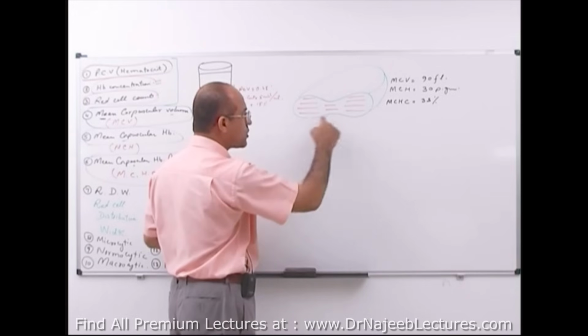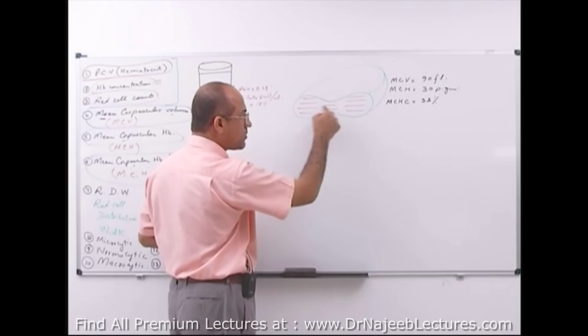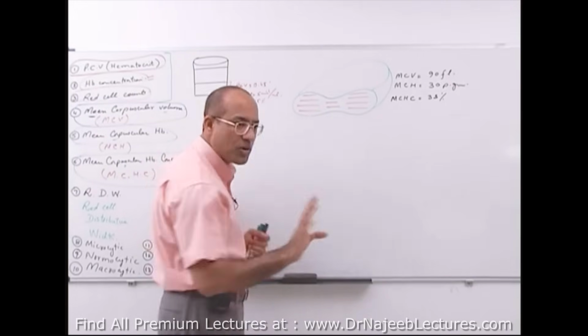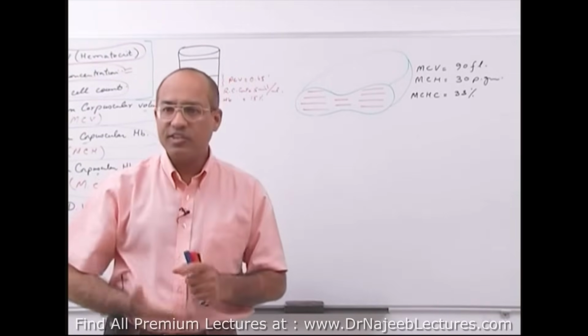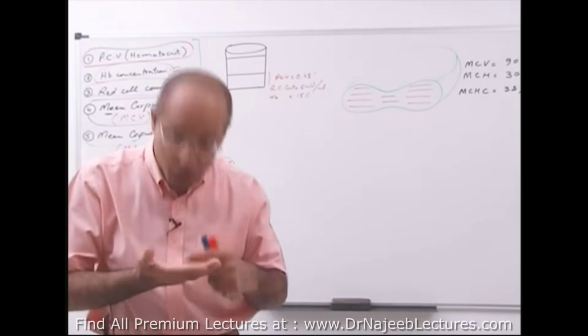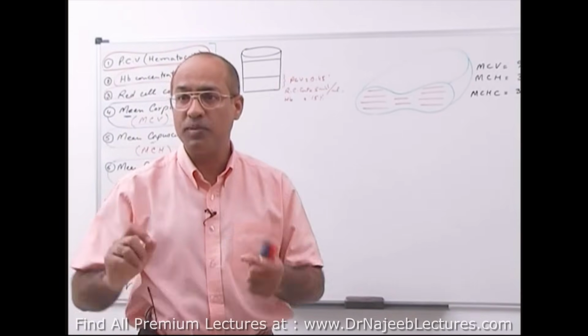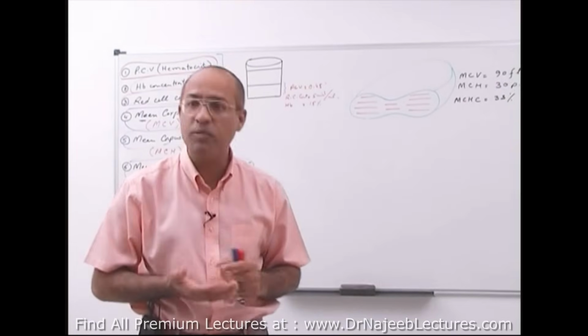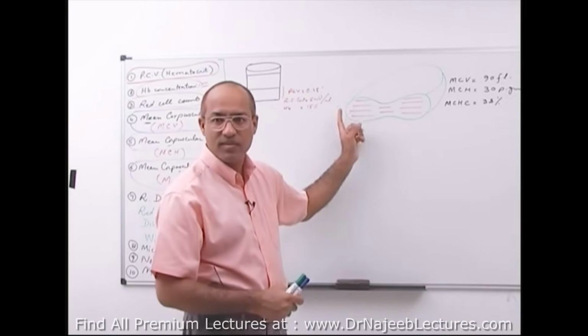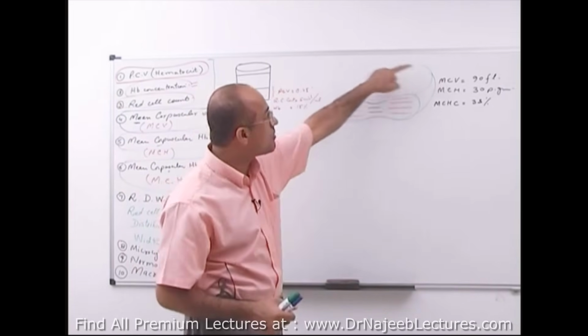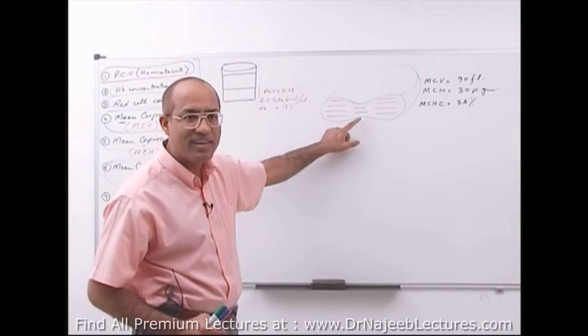Now, when such a red blood cell is seen under the microscope, if you make a blood film and look at it, do you think it is evenly full? No, it is more full on the periphery and less full in the center.